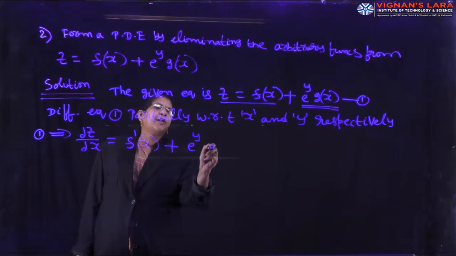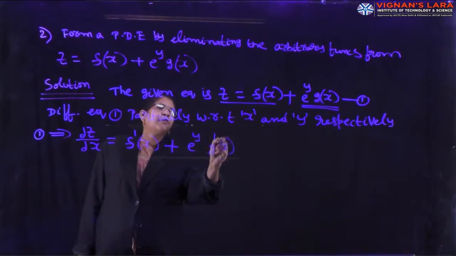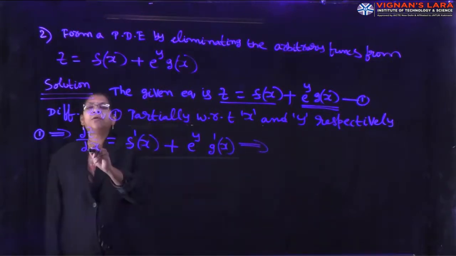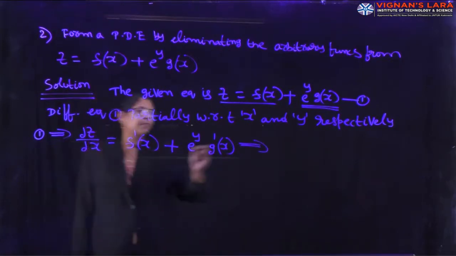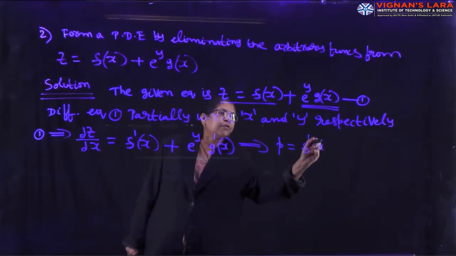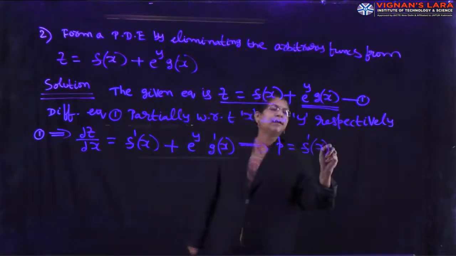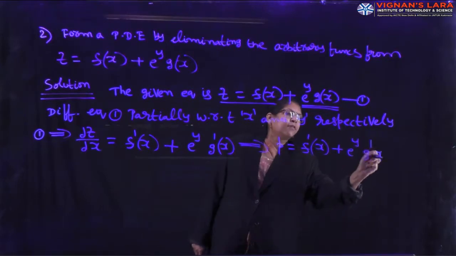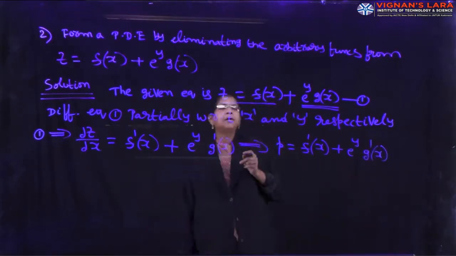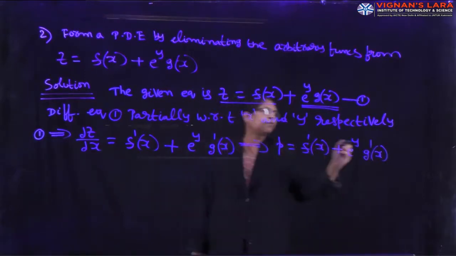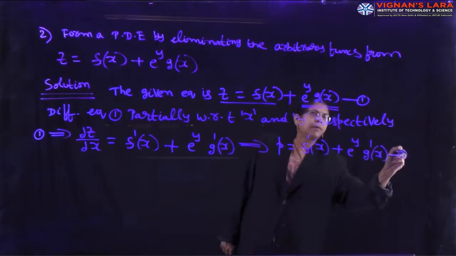For g of x, the derivative is g dash of x. Dou z by dou x is denoted by p. So p equal to f dash of x plus e power y into g dash of x. Take this as equation number 2.